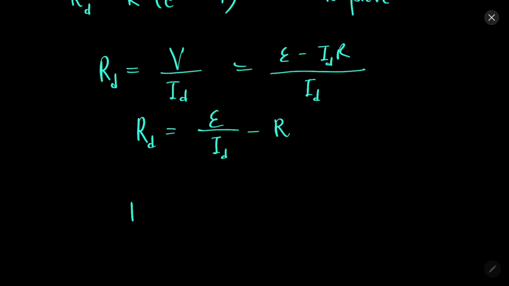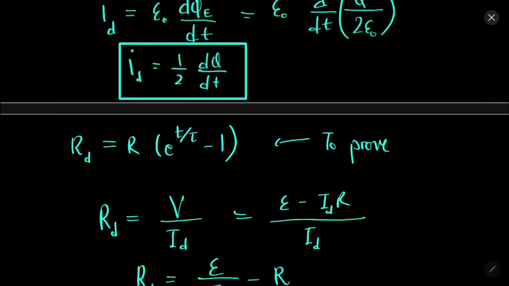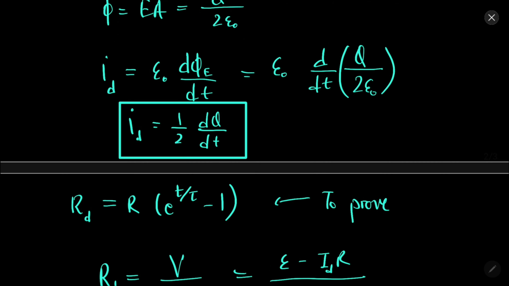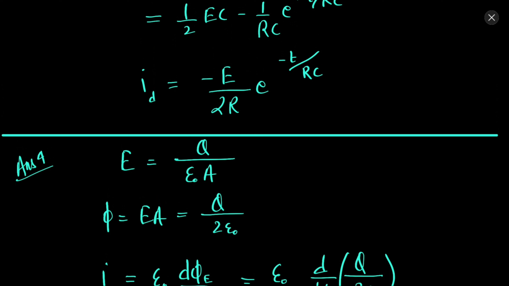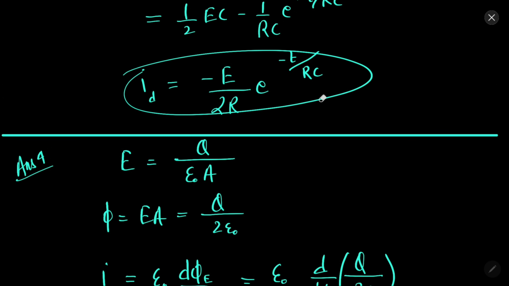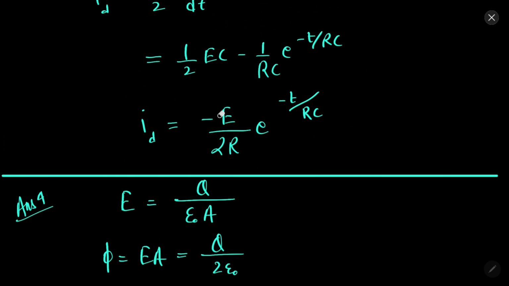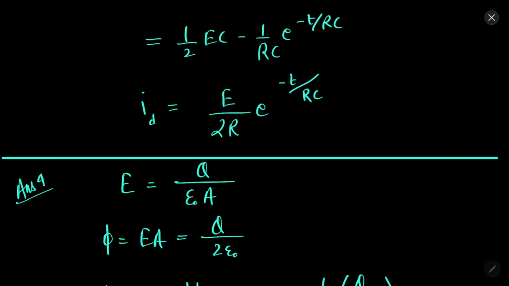So now let's put the value of Id here. We can ignore the minus sign if you want only the magnitude.